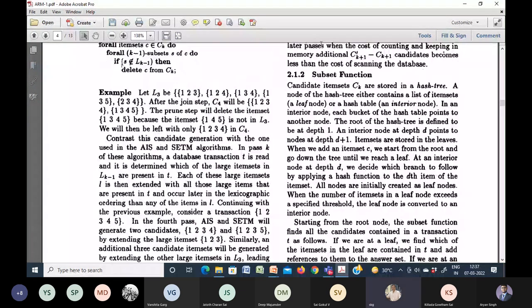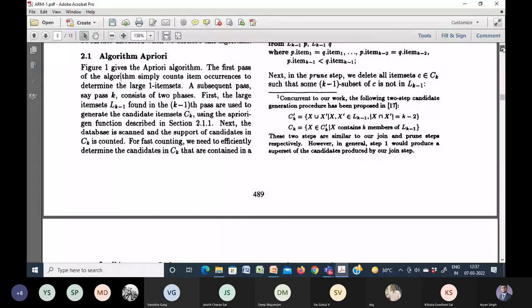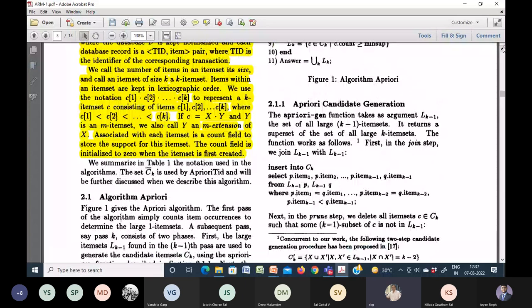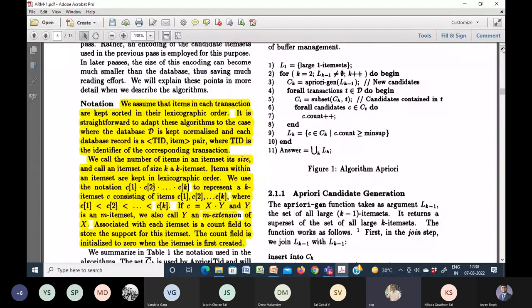Here, L1 is the large 1 item set, so all the frequent 1 item sets. For k equal to 2, while L(k-1) is not equal to null, k++.